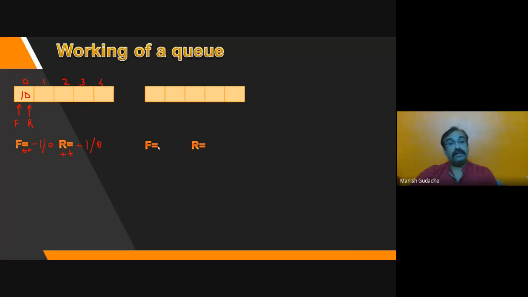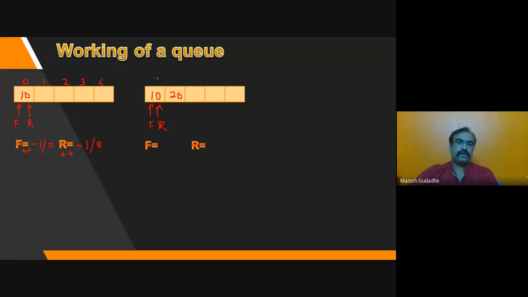When we add the second element, we have F equal to 0, R equal to 0, with one element inserted. F is pointing here. 10 is the first element of the array. R is right now pointing to the same element where front is pointing, because there is only one element in the queue. Now let us say that we have added 20.